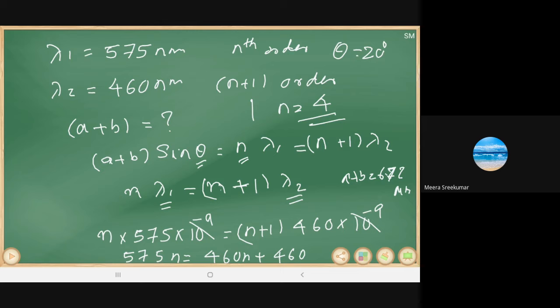Did anyone else get the same answer? Yes, sir. What's the value you got? 6.742 into 10 raised to minus 6. I wrote 7.2. 6.742 into 10 to the power minus 6, micrometer. That is correct. It must be in the order of micrometer.